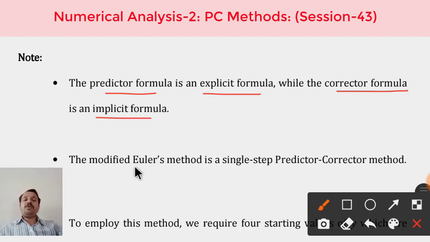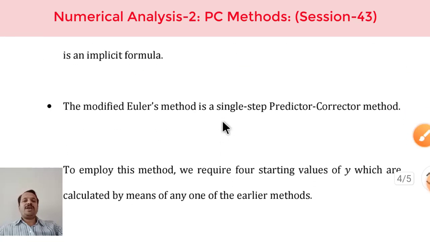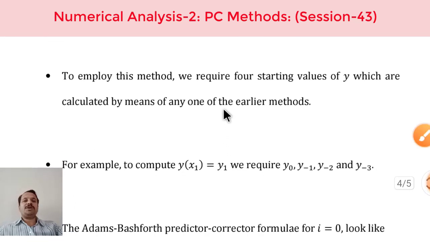And one more thing I have already explained: modified Euler's method is a single step predictor corrector method, which we discussed in one of the previous videos. I want to recall that once again at this point. Keeping that fact in mind, now we can look at this particular thing.